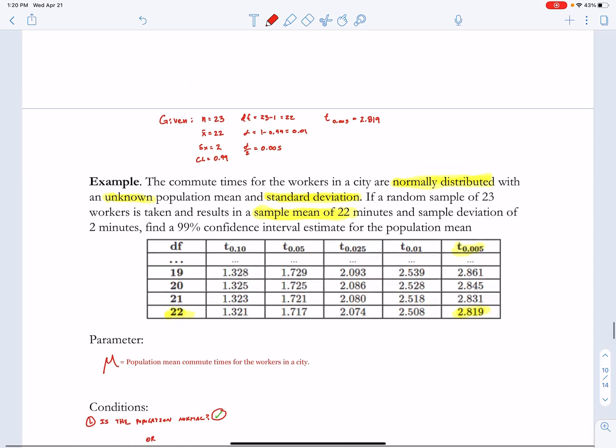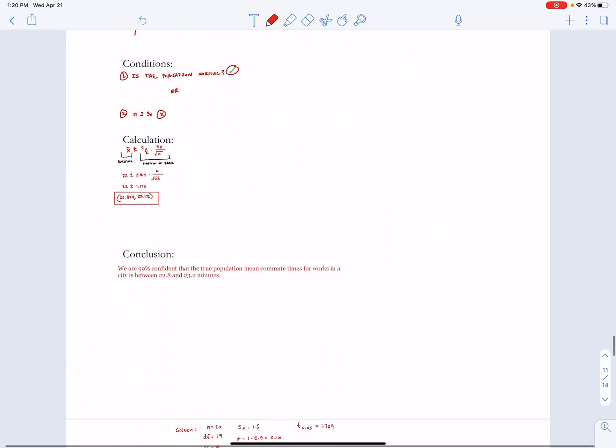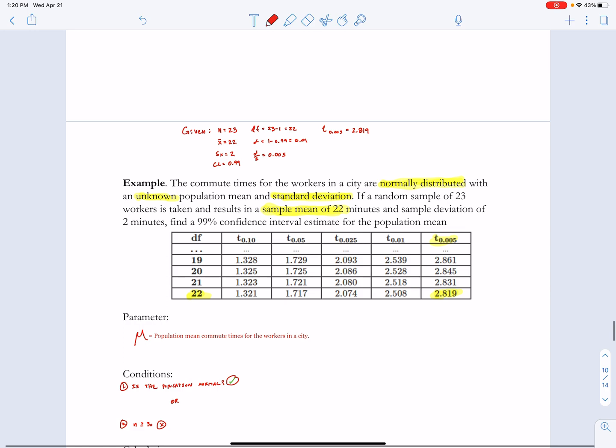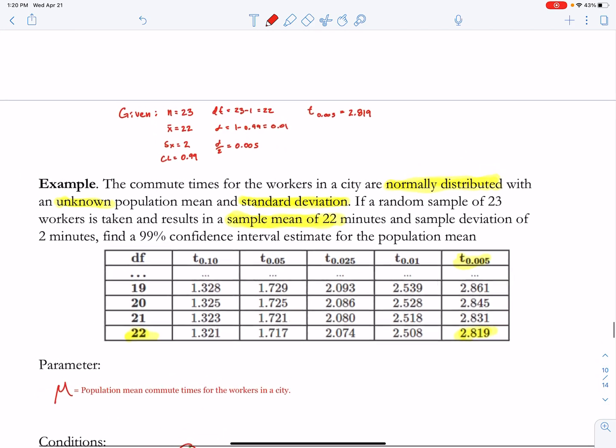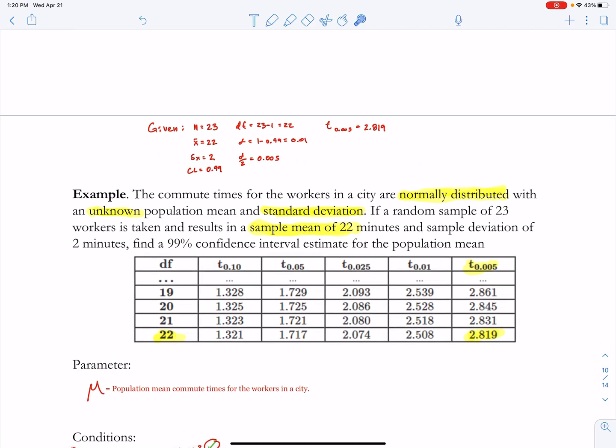All right, now we're going into some longer problems here. They're not too difficult. It's just a lot of memorization and then utilizing what we just learned. Clearly there's a lot of information being given at the top, very similar to 8.1, 8.2, and 9.1. It says, example, the commute times for the workers in a city are normally distributed with an unknown population mean and standard deviation.